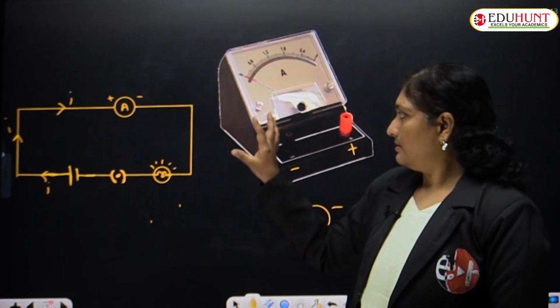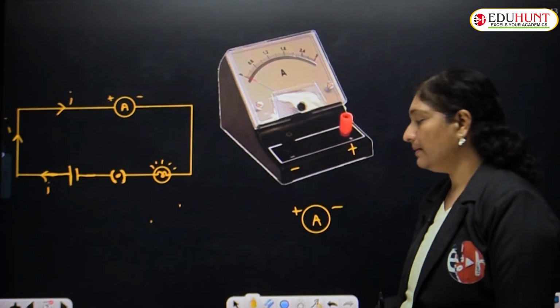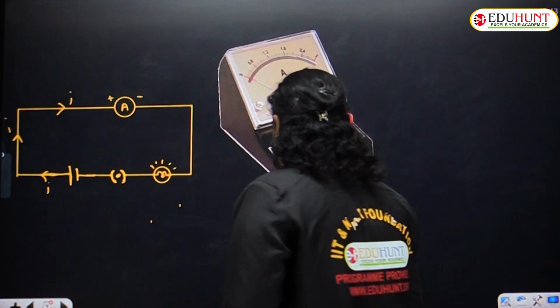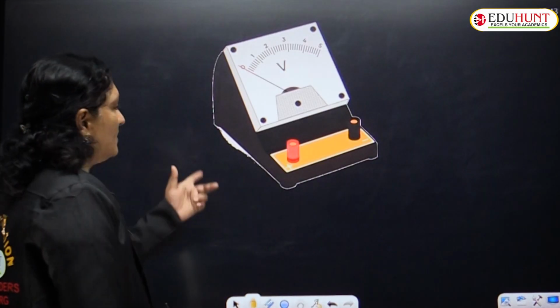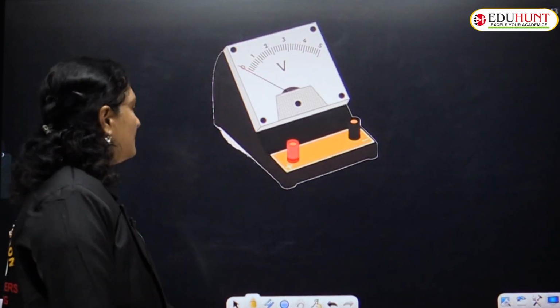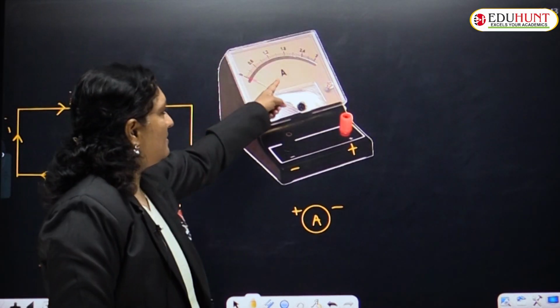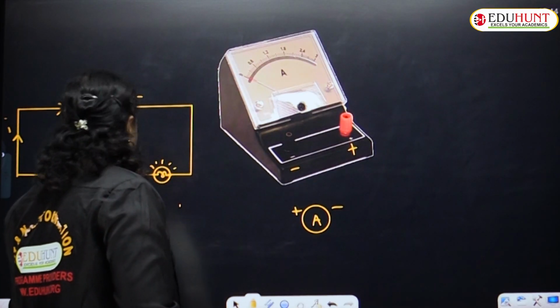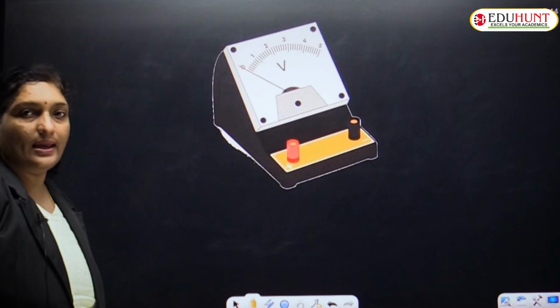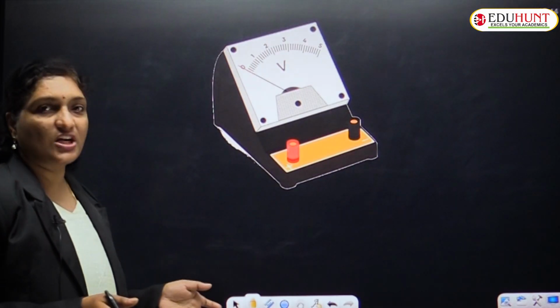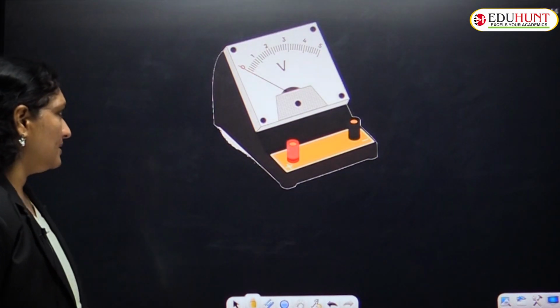Now let us try to understand something regarding the voltmeter. This is how a voltmeter looks like. Earlier, the ammeter is indicated with the letter A, which measures the current, whereas voltmeter is represented with the letter V, which indicates the potential difference across two terminals.